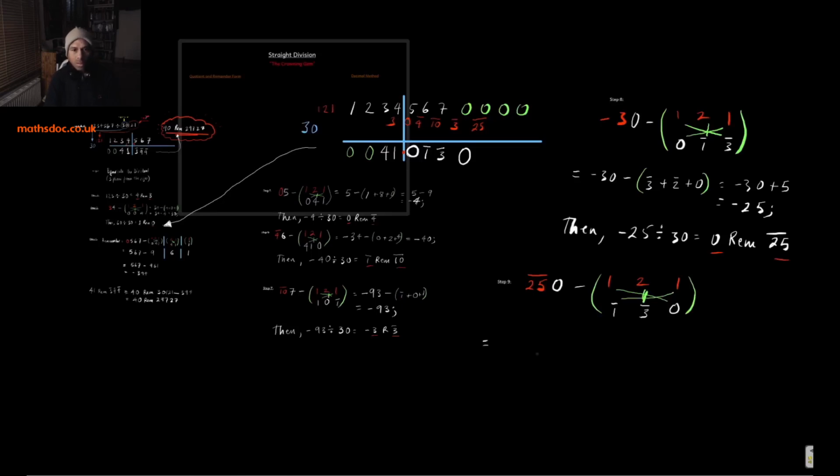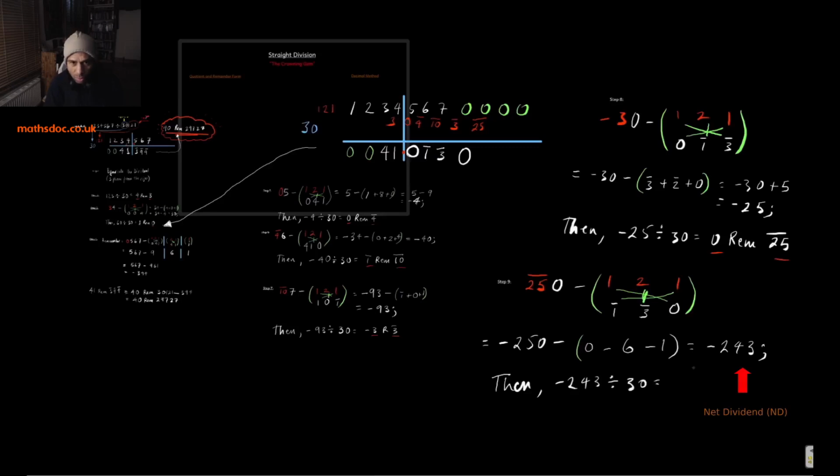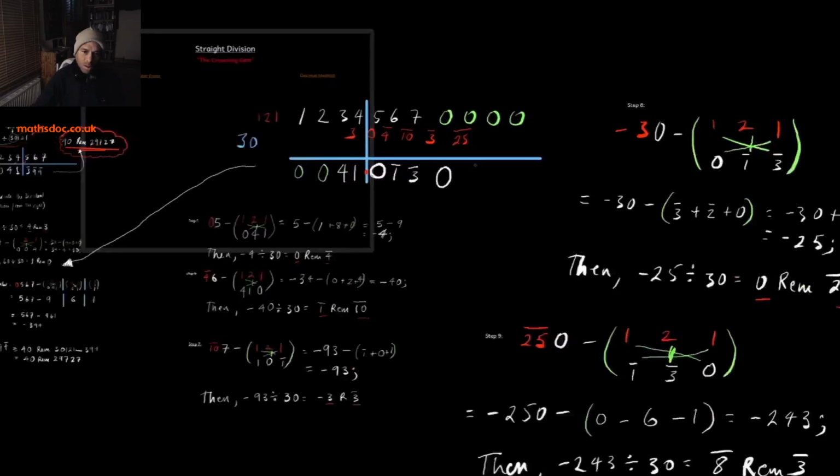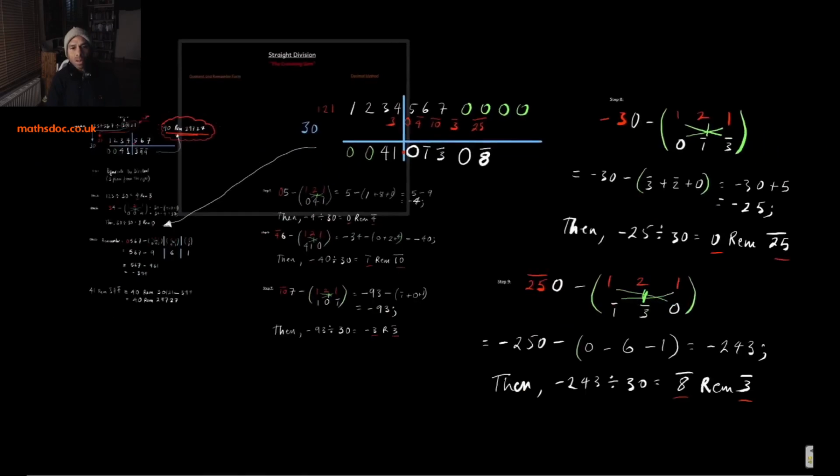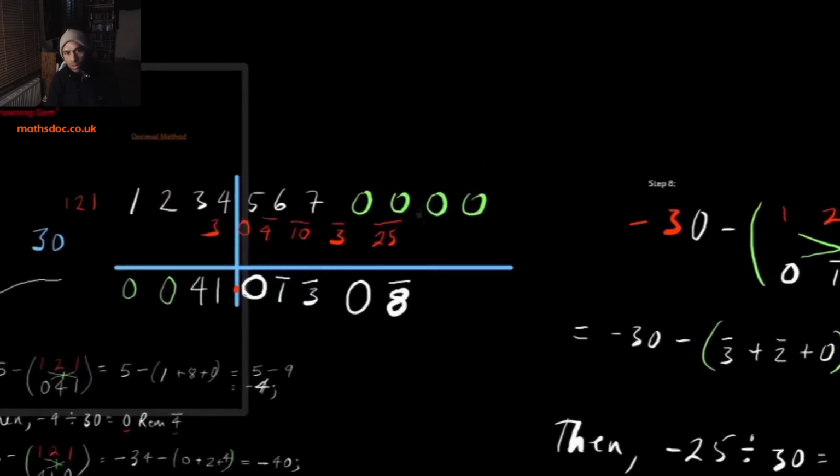Minus 250 minus, in parentheses, we have 0, minus 6, minus 1. So the whole thing comes to minus 243. When divided by 30, we get minus 8, remainder minus 3. Let's put the minus 8 there, and prepend the minus 3 to that 0 there.